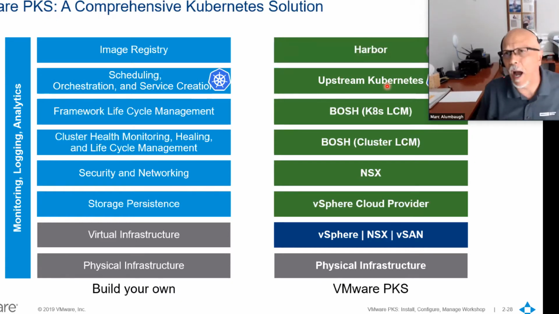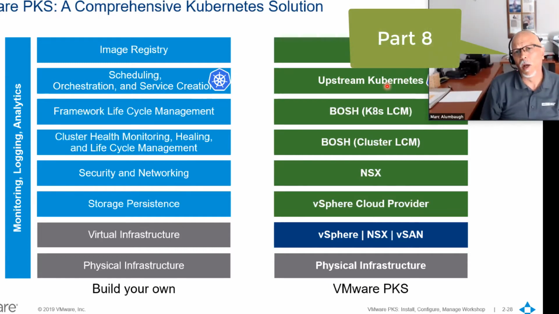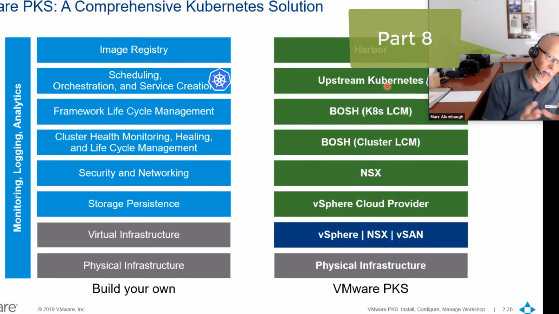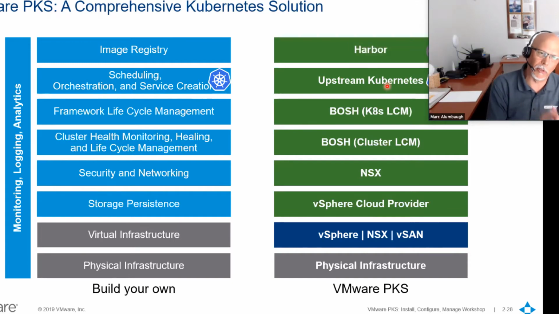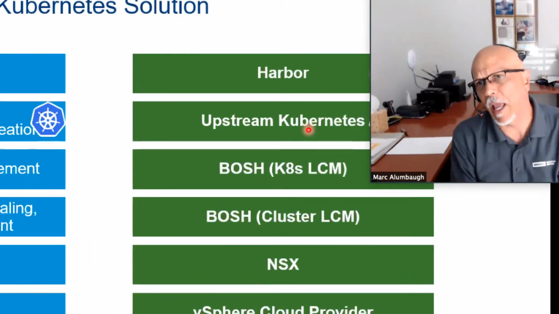And then at the very top, you'll see how Harbor will plug in to be your image registry. So this is what part is going to cover. We're going to show you the concept of building your own versus how PKS is going to be more enterprise ready for you to deploy your container deployment and manage it.